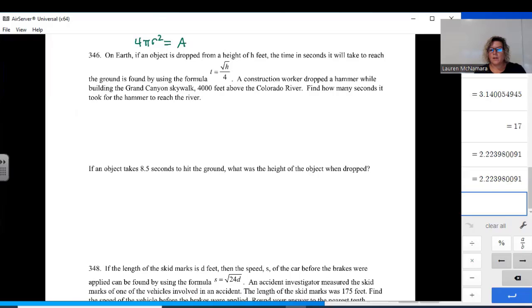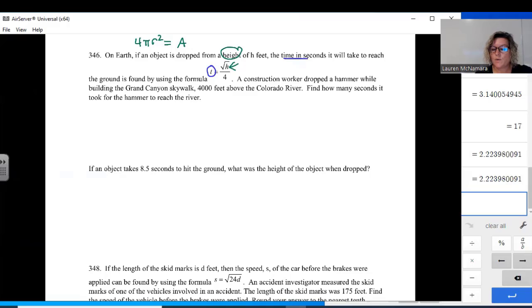So the time in seconds it will take to reach. So T is my time. Going back here, time is my T. And then my height is my H. It's just labeling the different things.